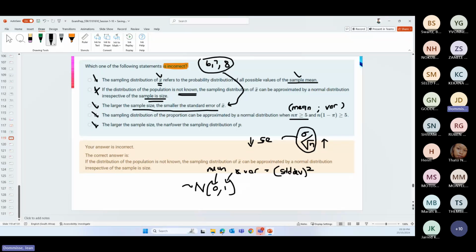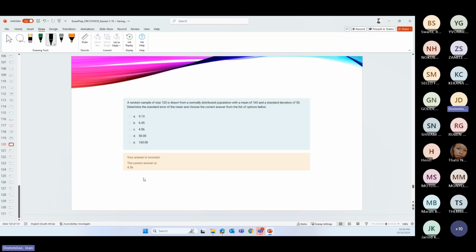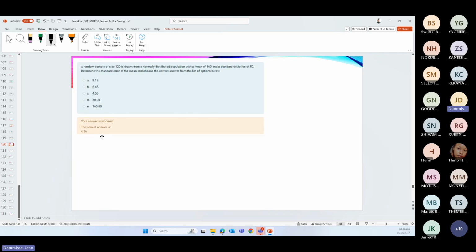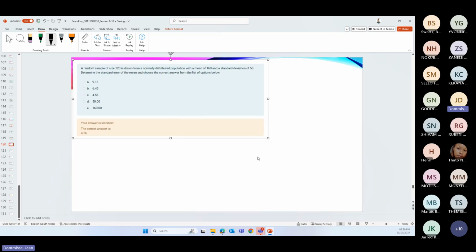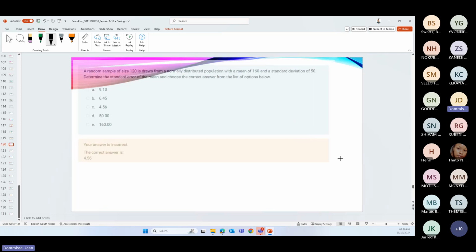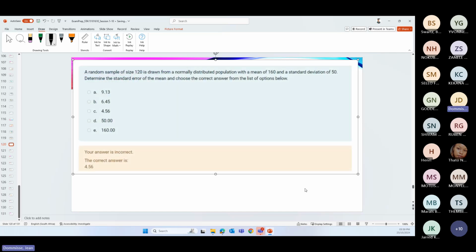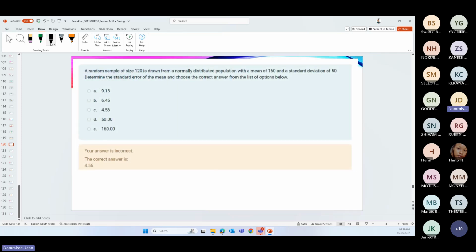Okay, so let's go into the next one that was also, I think, in assignment 3. So now we're going to look a bit at the formula, and from the formula we need to work out one or two things.